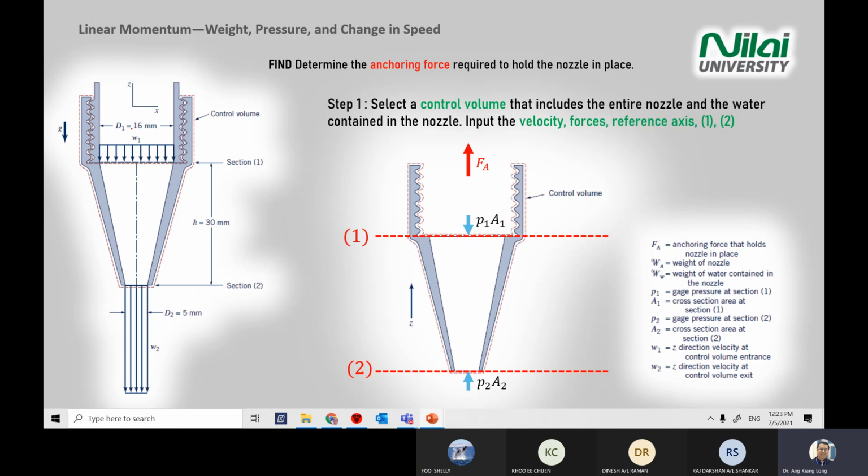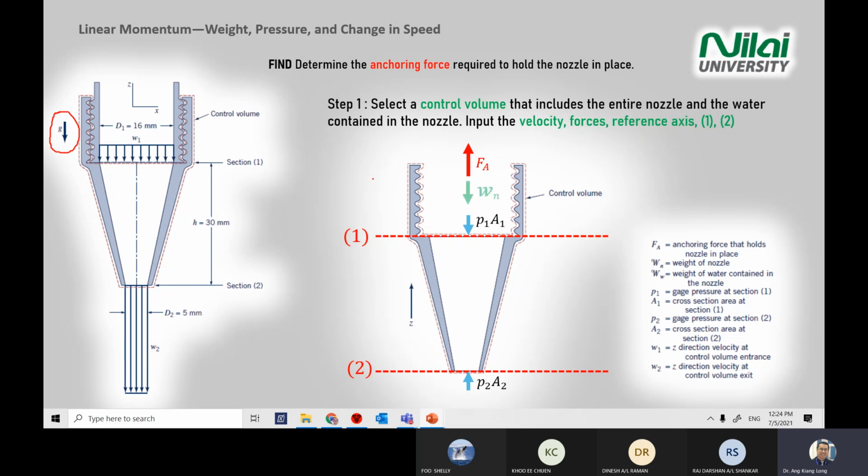Next, in this case, you need to consider gravity because you see the G in the diagram. There's a G pointing down, which means you need to consider it. The question also didn't mention that you can ignore or forget about gravity, so you need to consider the gravity force. This is an example where you need to consider the gravitational effect.